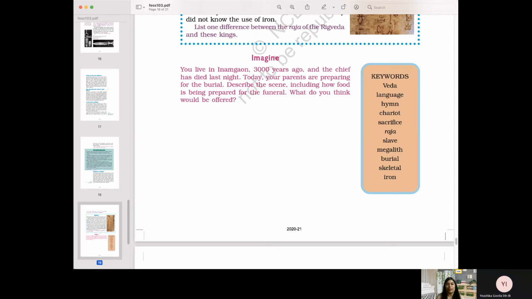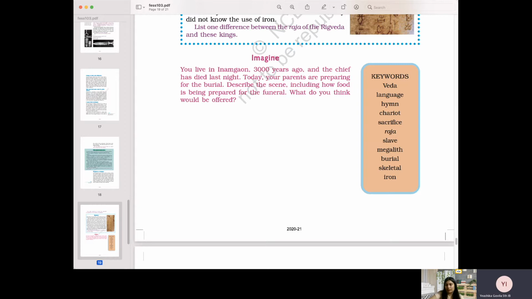Yes. Do you remember any one of them? Indo-European, Dravidian family. Yes. And Veda, can you name any one or two of them? Rig Veda, Yajur Veda, Samaveda, and Atharva Veda. Yes. Then hymn. I forgot it.